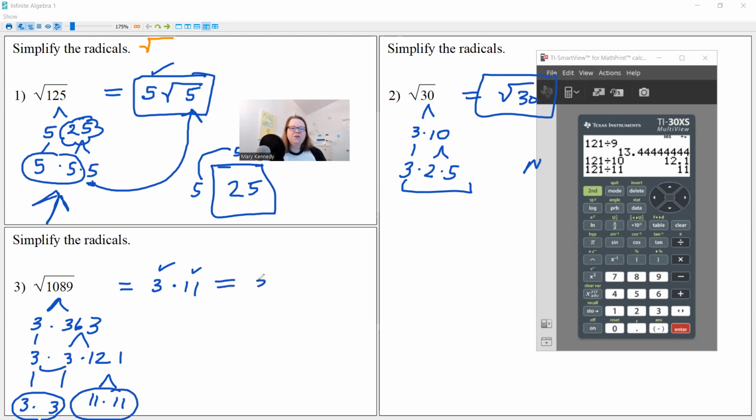So 3 times 11 is 33. So that means that the square root of 1089 is a perfect square. You can see it over here if you want. It comes out nicely that it is exactly 33. And so that means there's nothing left under the radical, under that little square root symbol, and so there's not one in the answer.